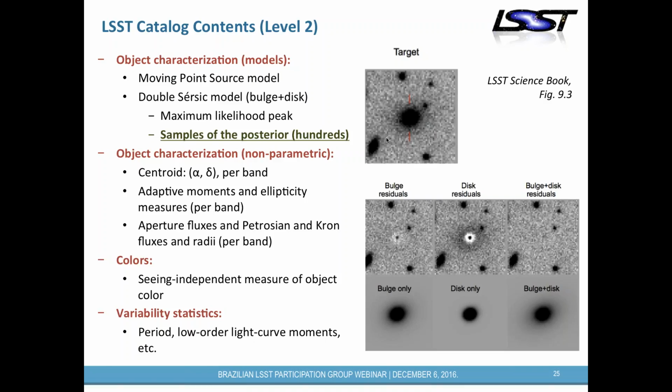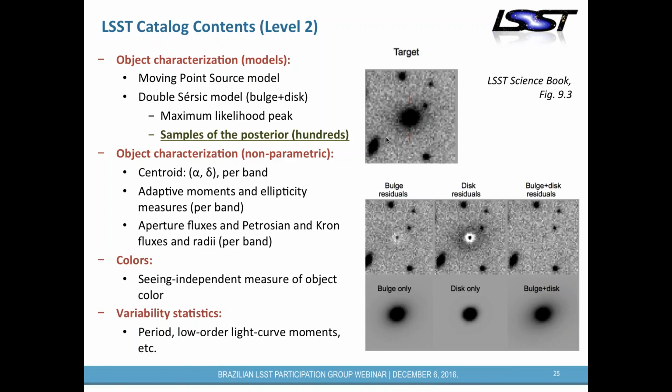All of this will be delivered once a year, except for the first year of data when we're going to deliver it twice a year. And all of this is going to be in SQL databases the same way that we're used to working with, for example, SDSS or DES these days.